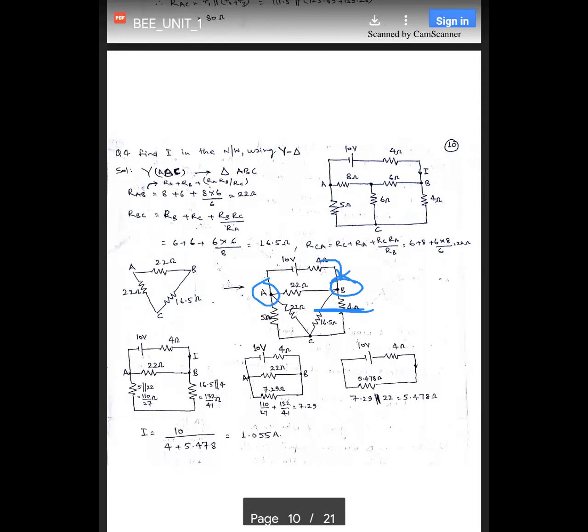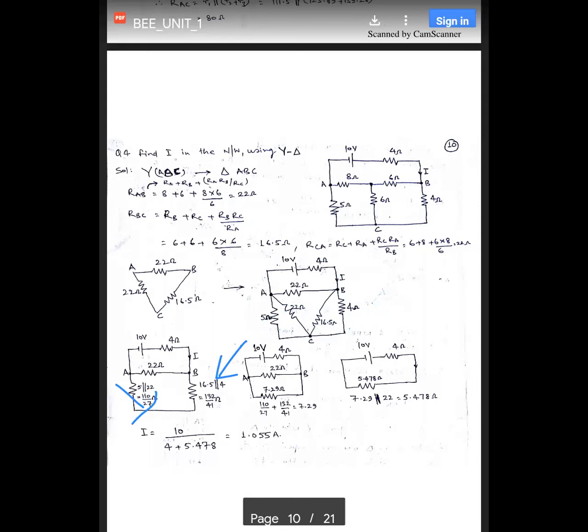Similarly, if current is traveling here and coming from here, it gets added at this node when KCL is applied. So these 2 ohm resistances are in parallel and these two resistances are in parallel, so we will solve these resistances and get the desired results.